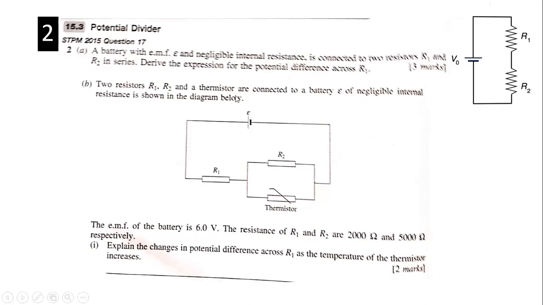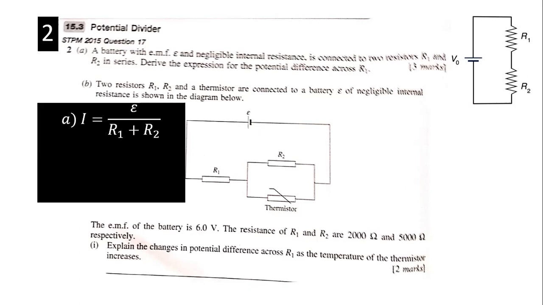Okay, number 2. A battery of EMF epsilon, negligible internal resistance, is connected to 2 resistors R1, R2 in series. Derive the expression for the potential difference across R1.